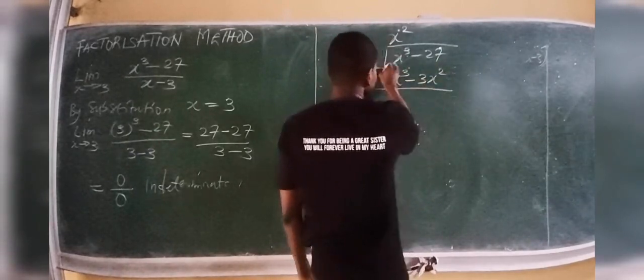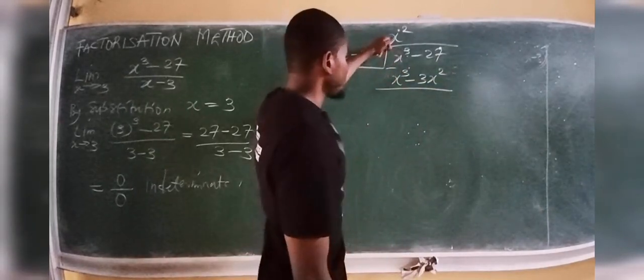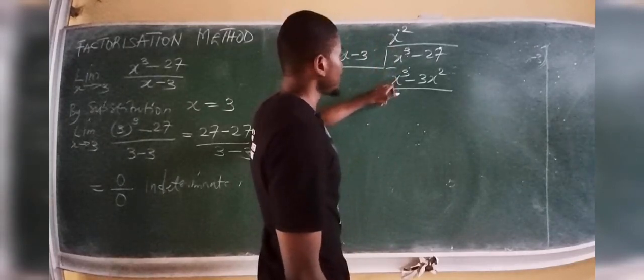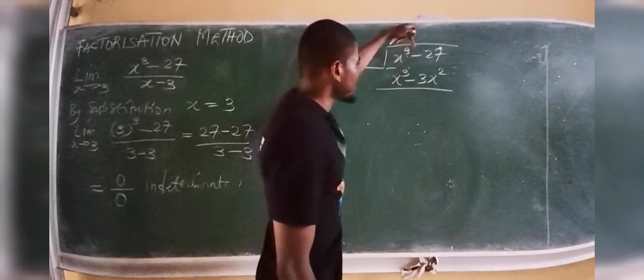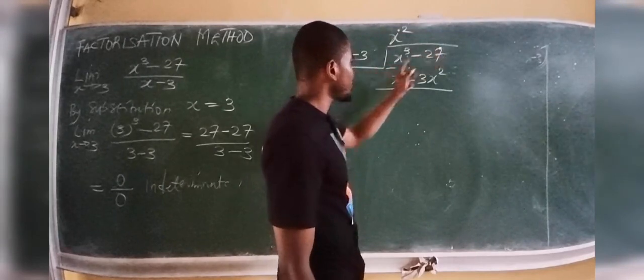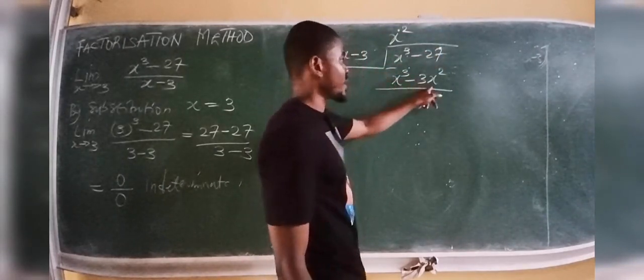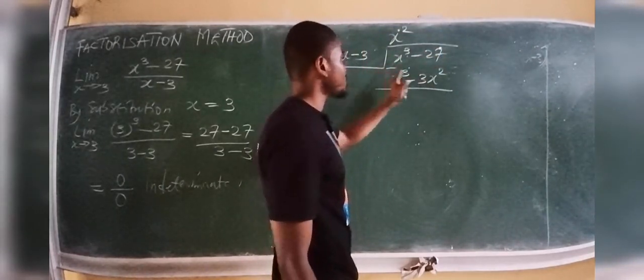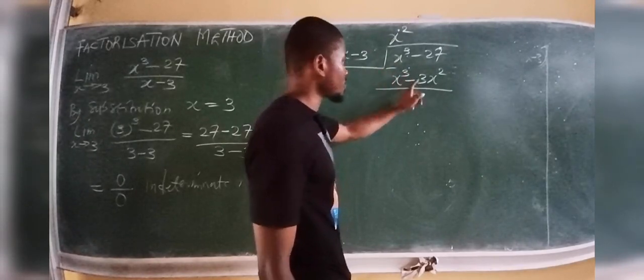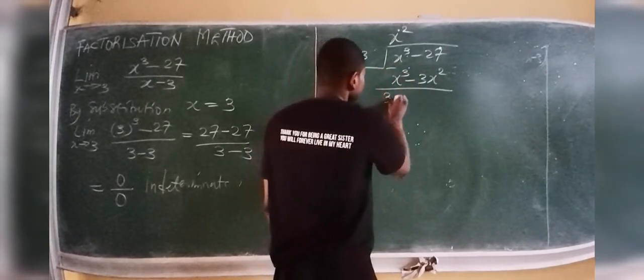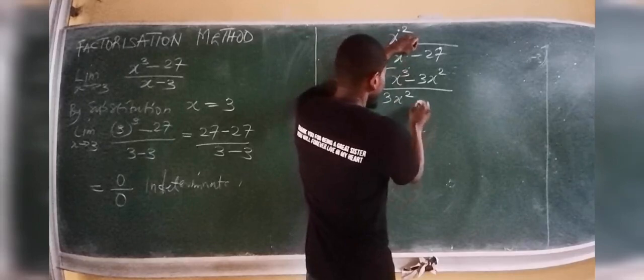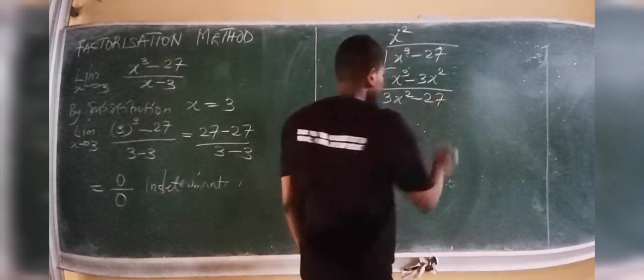So you rule your line, subtract. x cubed minus x cubed is 0. Now take note here, this becomes minus 27 minus 3x squared. Minus 3x squared, minus becomes plus, so I have 3x squared, put down your minus 27.